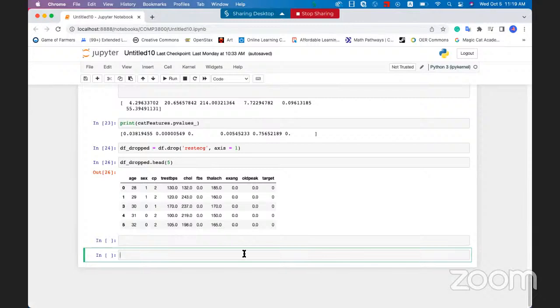Like this variable, it's already 1, 2, 3 now, but you cannot use these numbers directly. They don't mean 2 is higher than 1, or 3 is higher than 2. They just represent different groups.